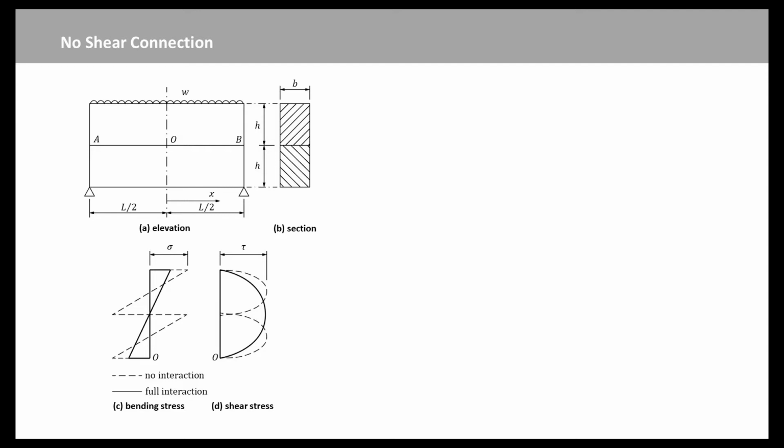Its span over depth ratio is typically 15 to 25, not shown to scale in Figure A, so that shear deformation is negligible compared with flexural deformation. The loading w per unit length is much greater than the weight of the beam, which is now neglected. Its components are made of an elastic material with Young's modulus E.